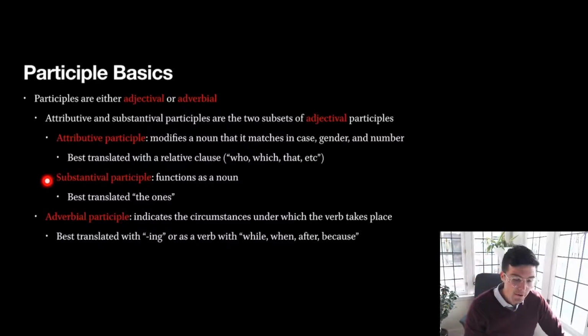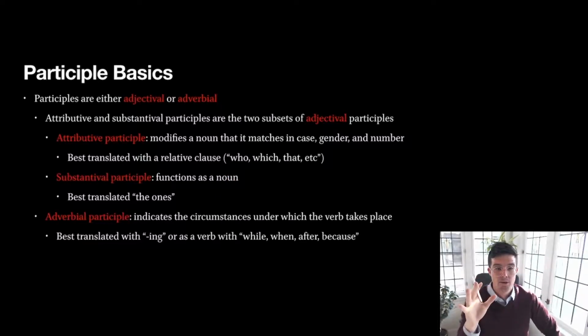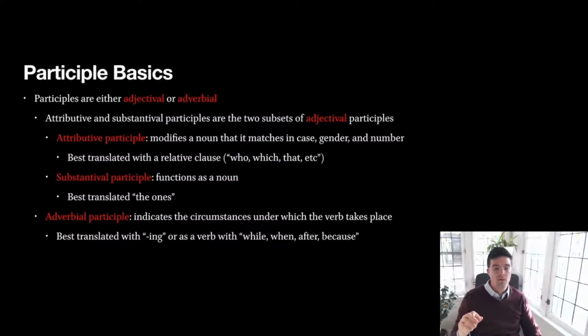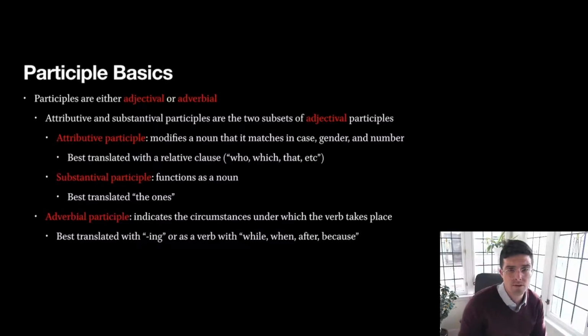A substantival participle, just like a substantival adjective, is going to function as the noun itself. So it's going to be the noun that is doing the action. For example, we do things like the English gerund. The substantival participle is going to be similar to an English gerund. So something like "writing is good."